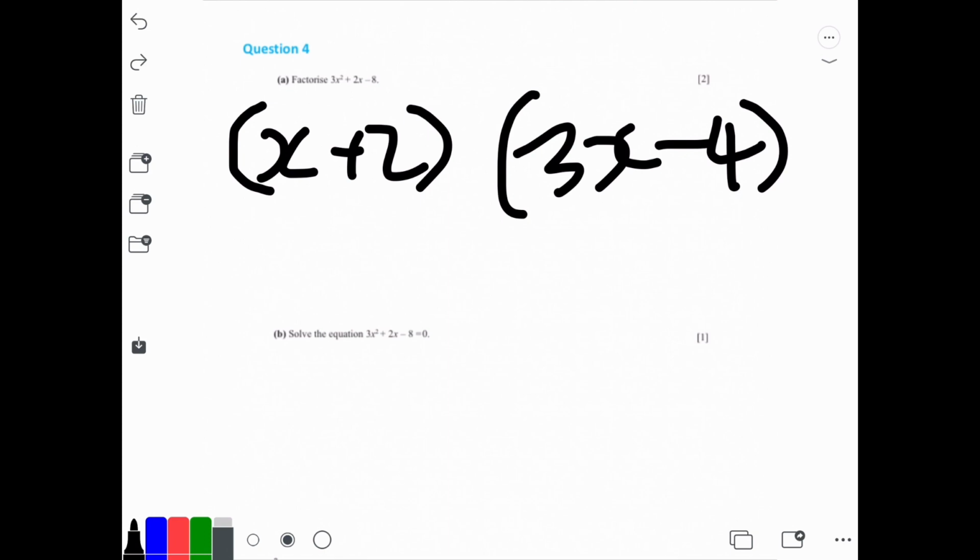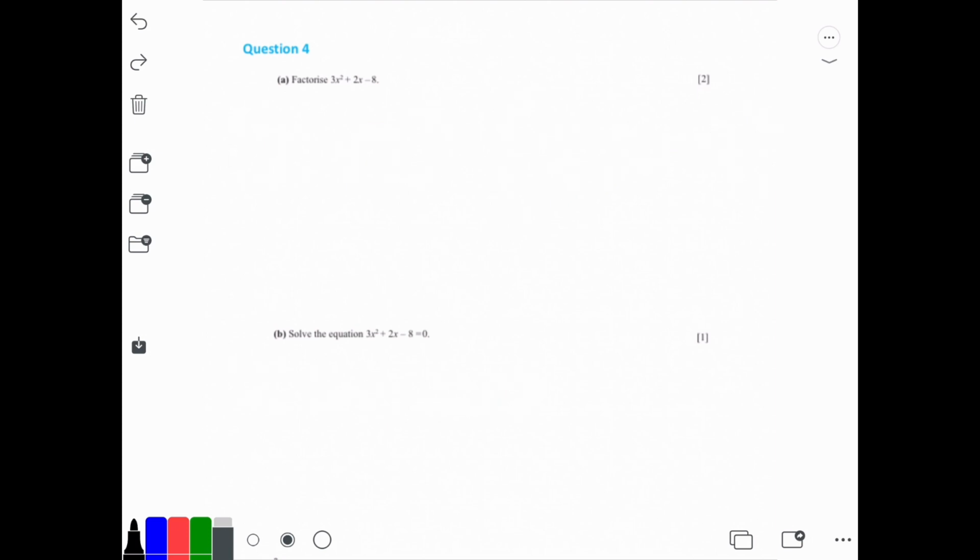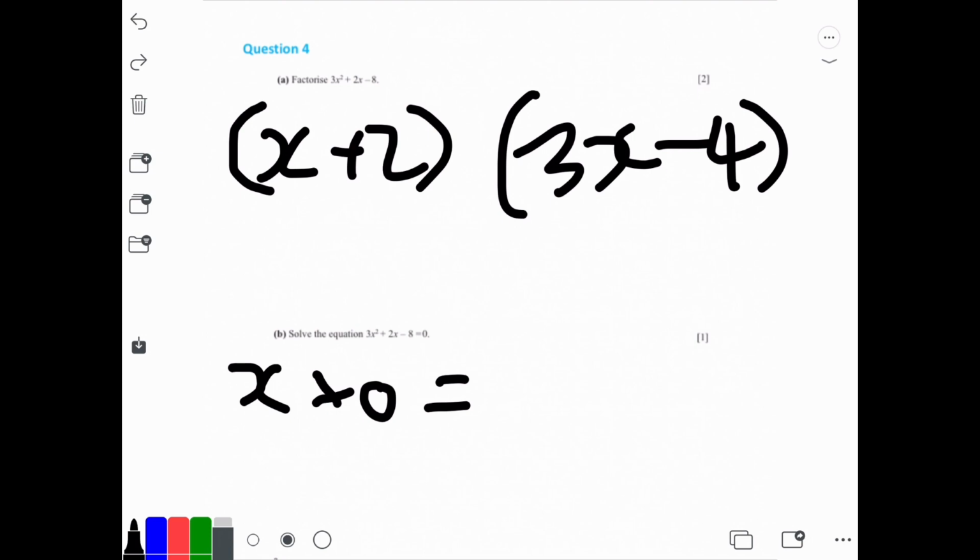Now to solve this equation equal to 0, what we need to know is that any number multiplied by 0 would give us 0. So now as we have a multiplication here, anytime any of these two terms within the two brackets is equal to 0 would give us 0.